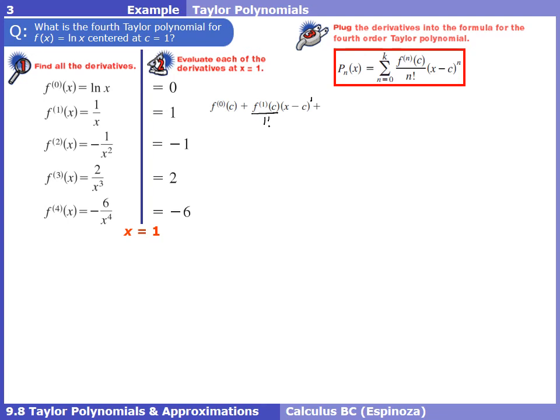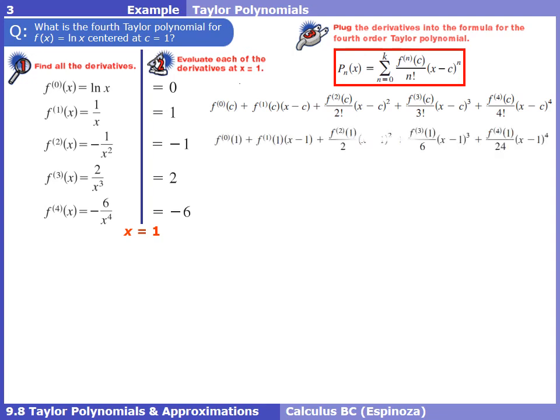We don't write that in just because that makes it more complicated. The next term would be the second derivative at c over 2 factorial times x minus c squared. The third term would be the third derivative at c over 3 factorial times x minus c cubed. And since we want a fourth degree Taylor polynomial, we'll stop right there at 4: the fourth derivative at c over 4 factorial times x minus c to the fourth.